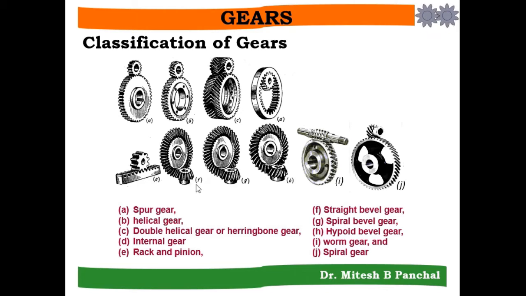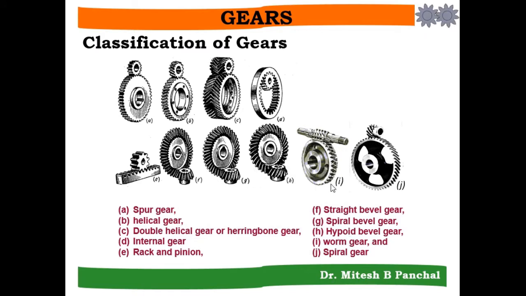F, G and H are the different types of bevel gear. The difference is only in the form of the gear tooth on the bevel gear. So first one has the straight gear tooth, while G, this one, has the gear tooth profile in the form of a spiral, while in H, the gear tooth profile is in the form of a hypoid.